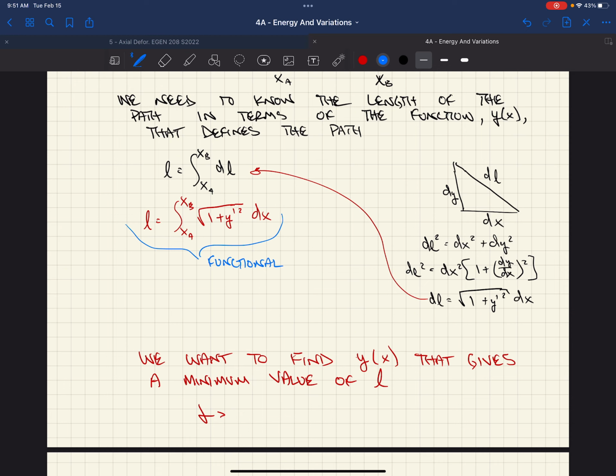Well, in order to do that, as we've already looked at, we want to set the first variation of L to 0, right? First variation of L to 0. That is variational calculus. That's how we minimize a functional.